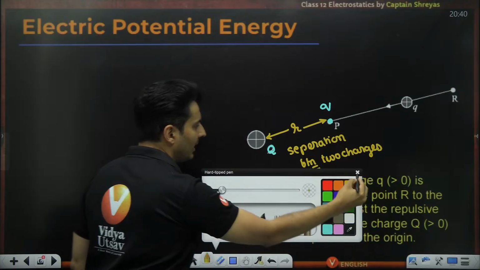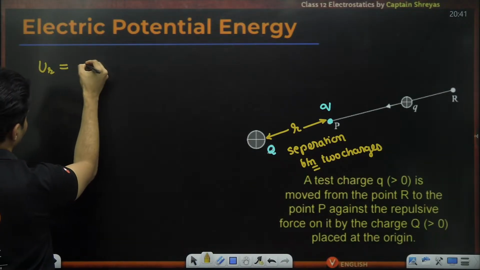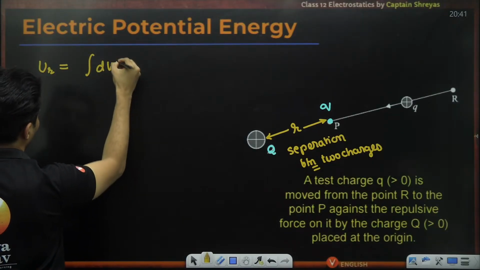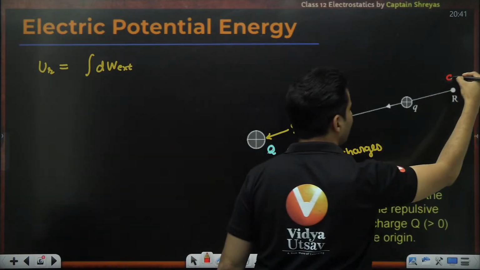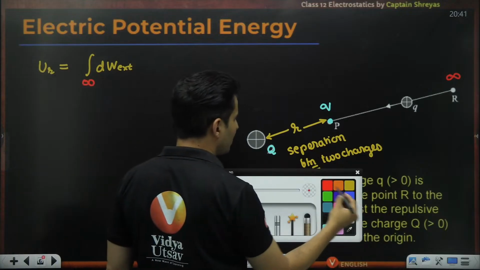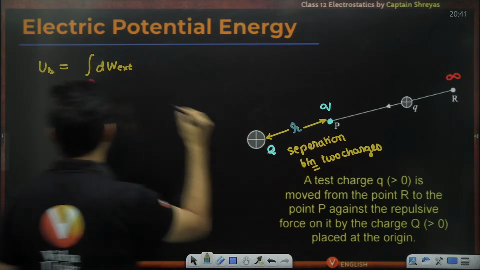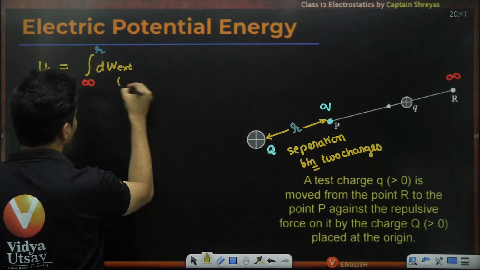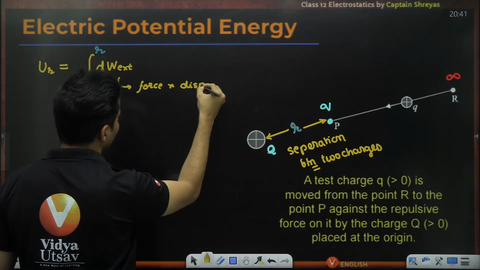So the manner in which we calculate the potential energy is simple. It is nothing but the integration of the work done by that external force from infinity. First it was at infinity, and slowly you bring it to a separation R. So this work done is nothing but the force multiplied by the displacement.